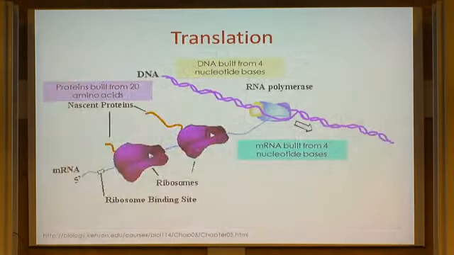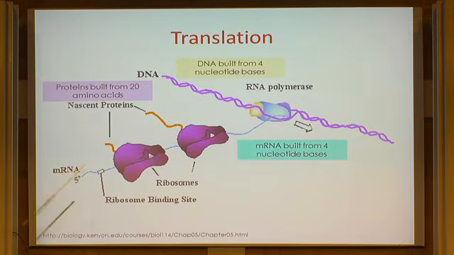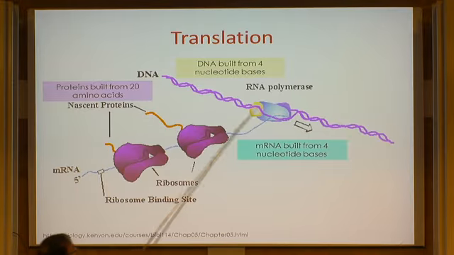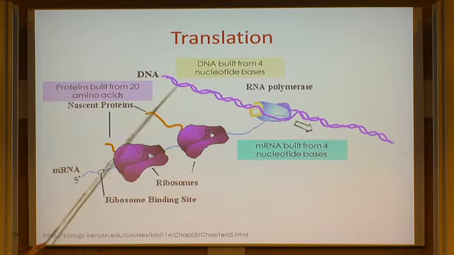Now, what those ACGTs are, as you all know, are the base pairs. And what I'm going to be talking about in today's talk is a translation. So let me just very quickly go through that. Here is a DNA. It is transcribed by a machine called RNA polymerase, which makes small transcripts of messenger RNA.